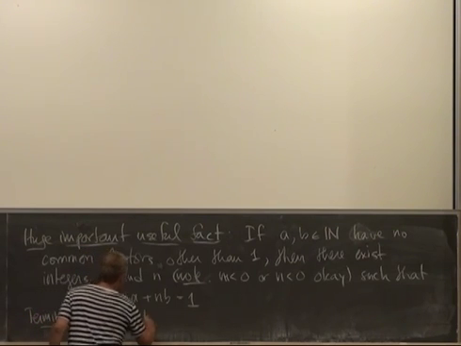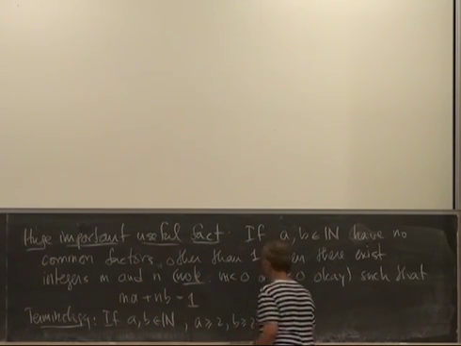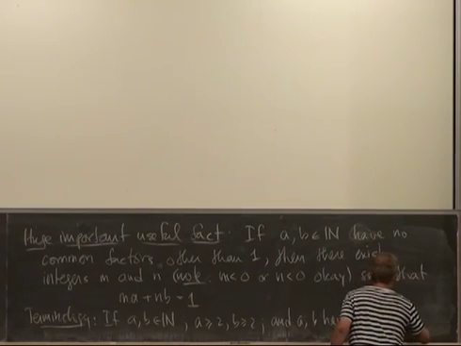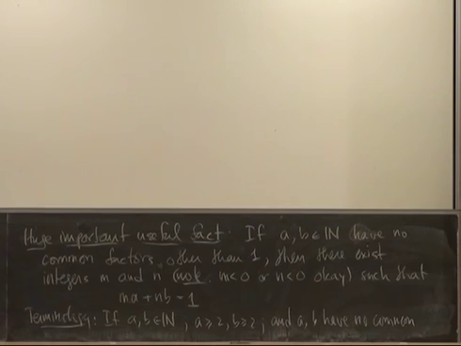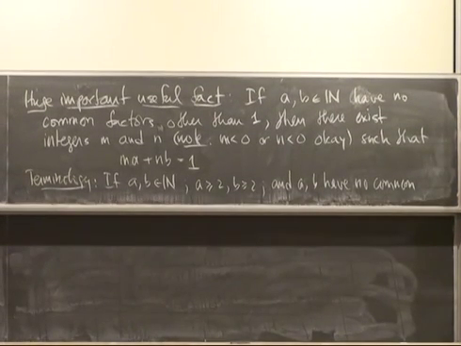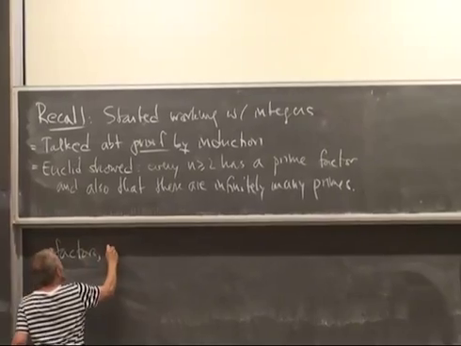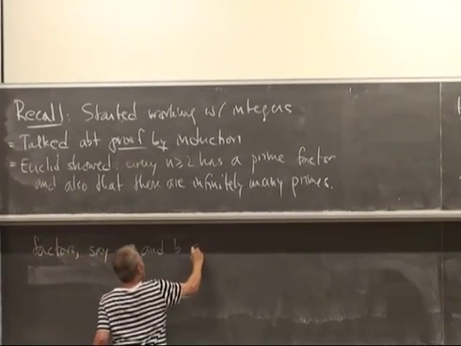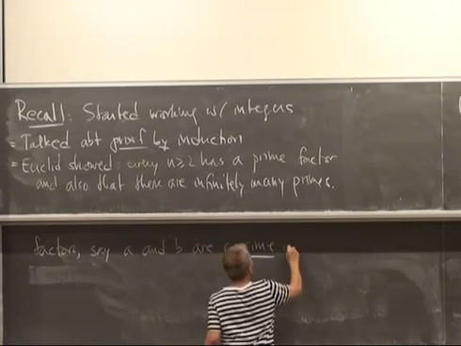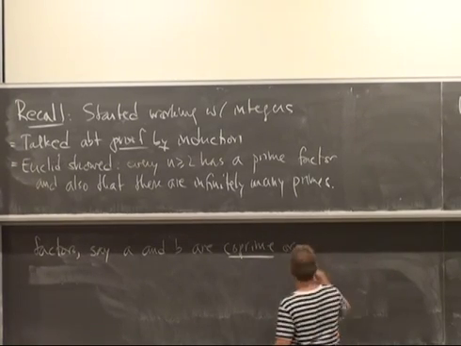If A and B are natural numbers, both bigger than or equal to 2, and they have no factors in common, we say that A and B are coprime. There are different schools of thought on this; coprime is probably the more modern term, and the more ancient term, which you will find adhered to slavishly by math professors, is relatively prime.